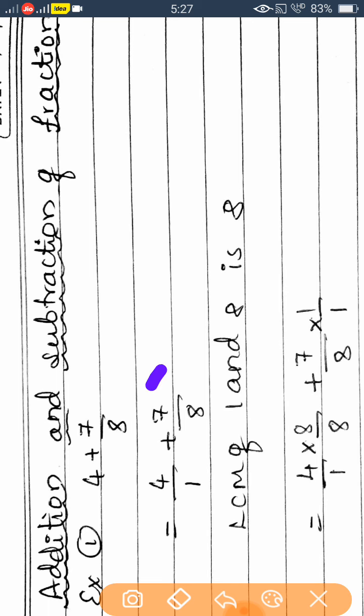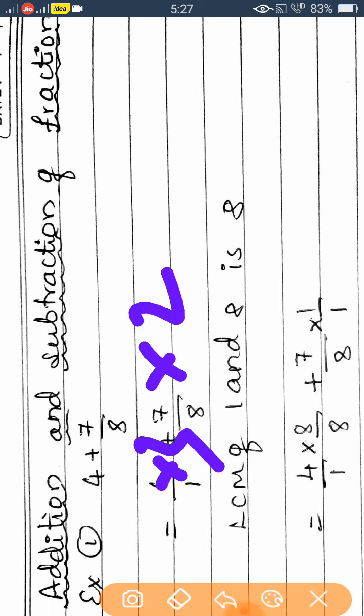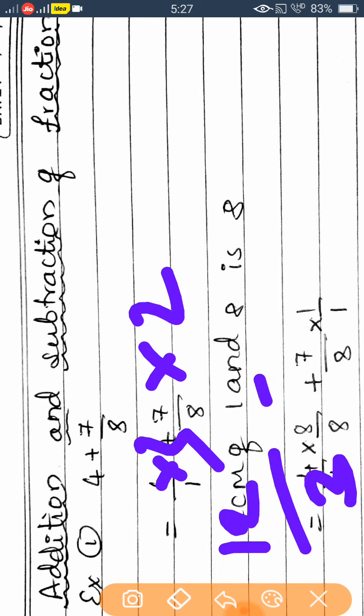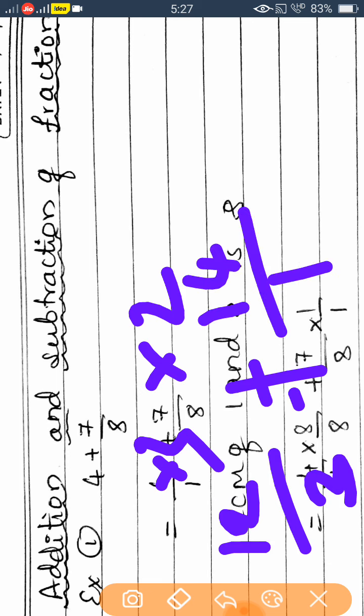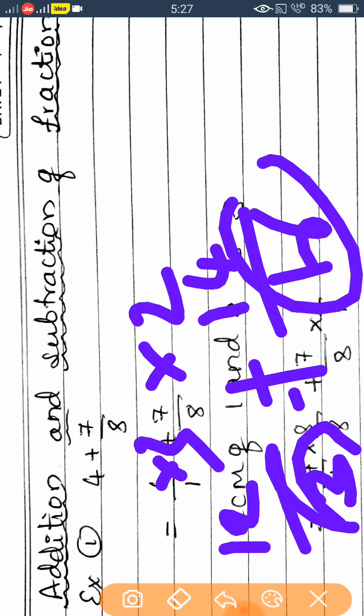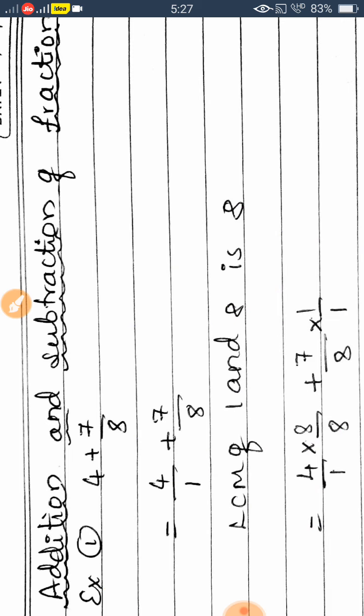If you choose 2 by 3, it means 4 3s are 12, by 3, and plus 7 2s are 14, 8 2s are 16. See, here 3, here 16 comes, so it may be difficult. So what to do? Take the LCM of the denominators 1 and 8.